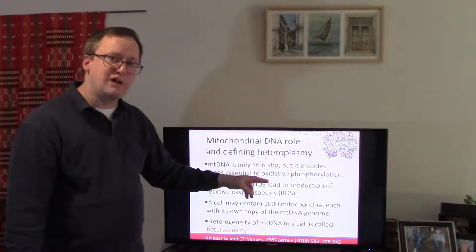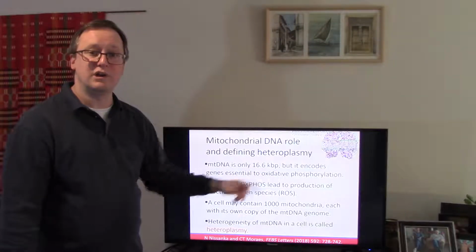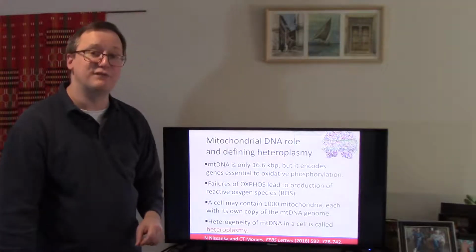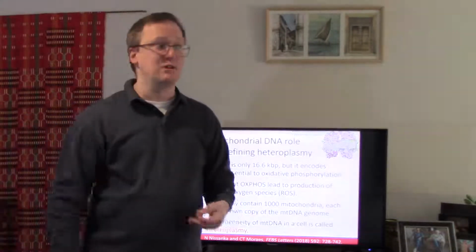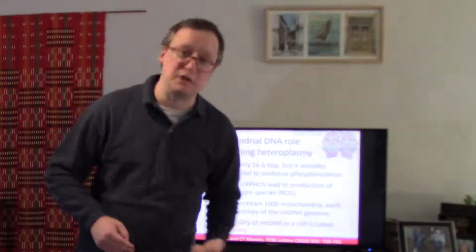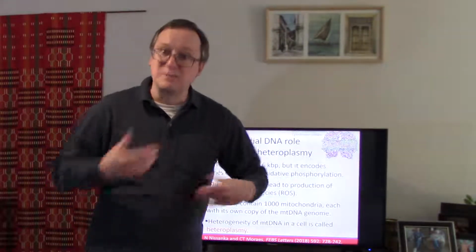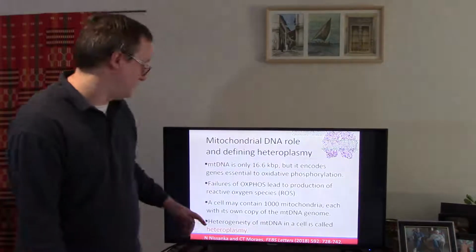The mitochondrial genome is quite essential because it codes for products necessary in oxidative phosphorylation. This is the process by which we generate ATP. So if you can generate enough ATP, you can power the cell. If you fail to generate enough ATP, then some cell processes may go starving and not be able to go forward normally.